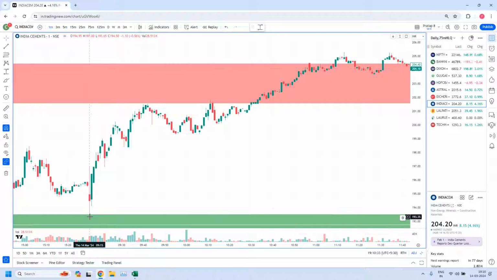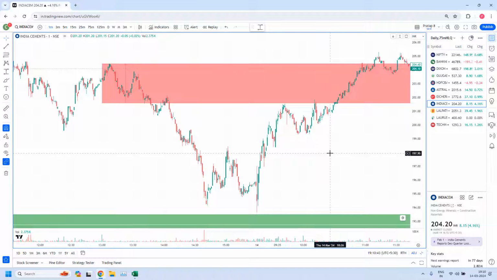Here the condition is that those who take trades in the 9:15 candle and keep the buffer, only those people get this trade. But what we are tracking is whether the opportunity is given or not. This is the point you have to understand.